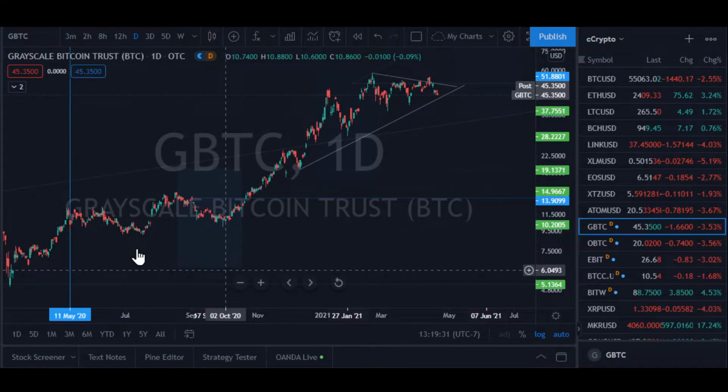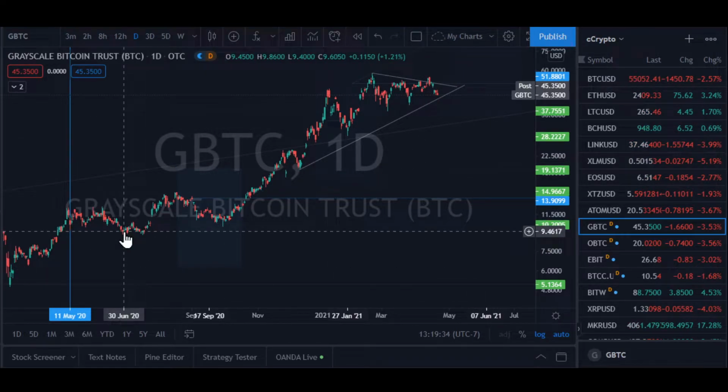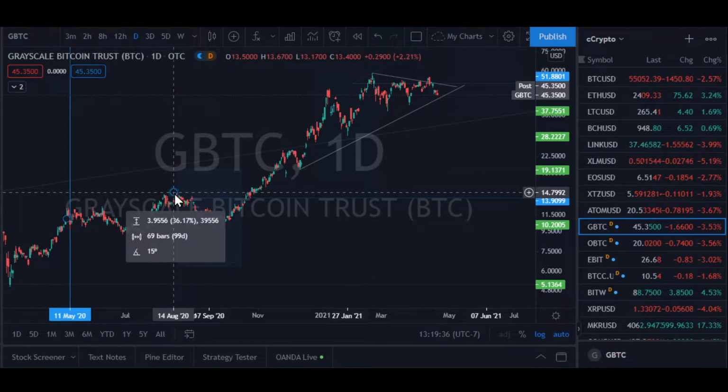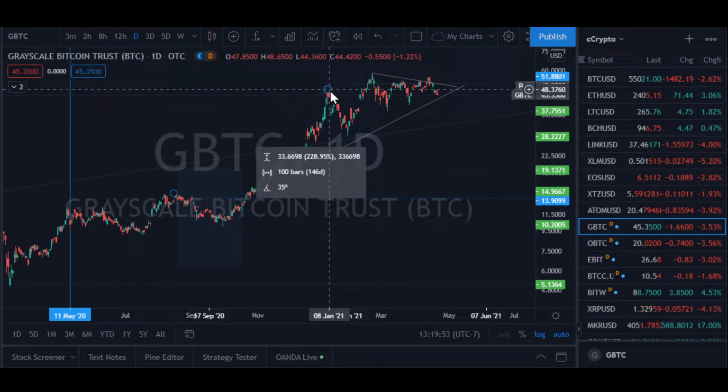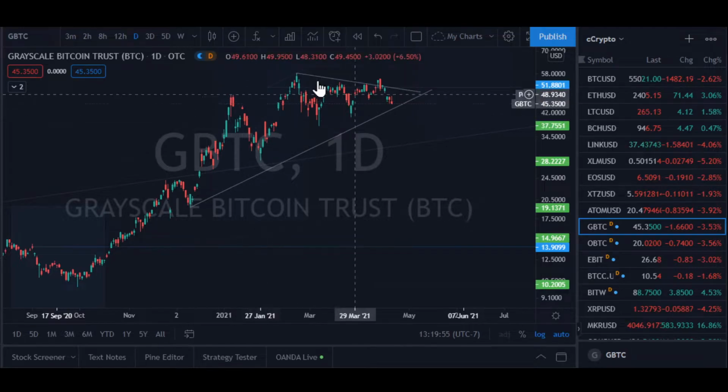So if we go from the low, which was back here, we've already had this move up here, right? And then we had a consolidation. That peak was about August 14th, okay? And then the next time we made a new all-time high was in late October, okay? And then we've had this rise, right? This is where it gets a little confusing, because where do you count the high?